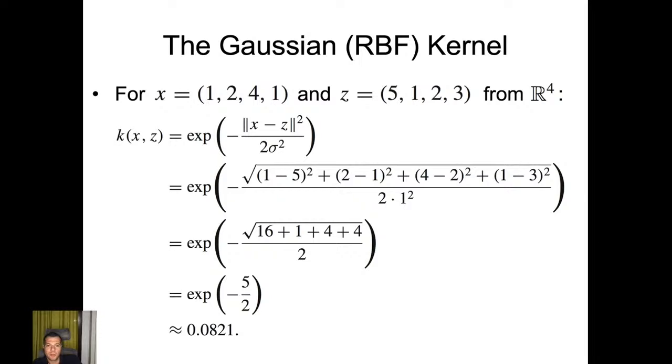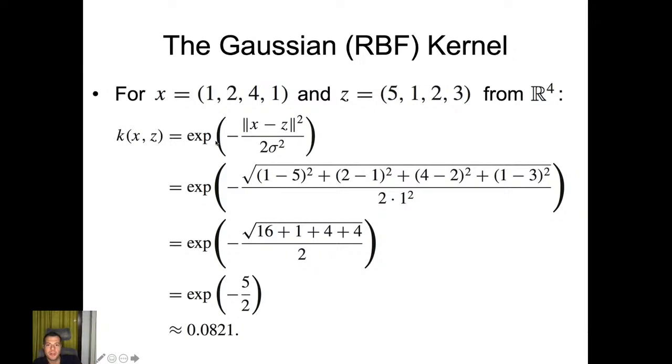Okay, I wanted to say one more thing here, but I don't recall. Oh yeah, about sigma. Sigma is a parameter that controls the magnitude of the similarity with respect to the distance. Of course the distance can go to infinity.